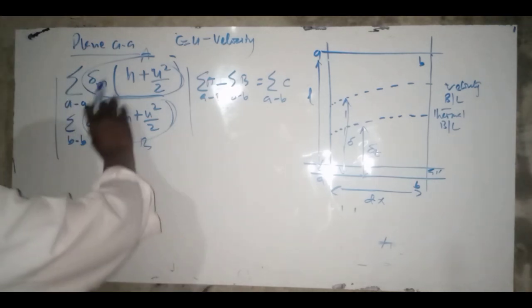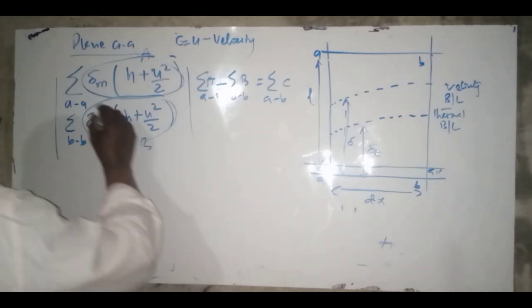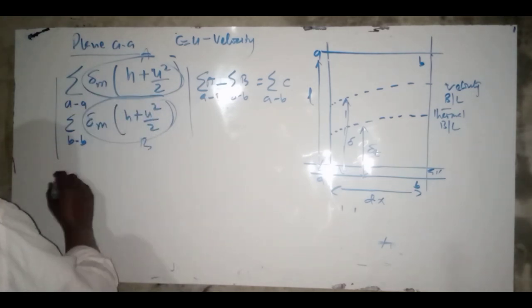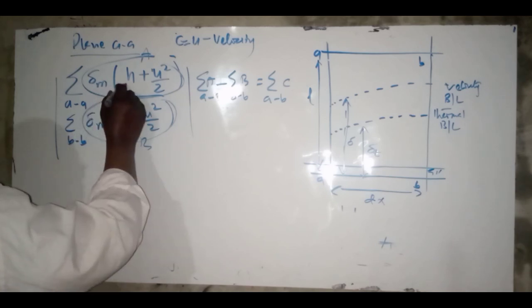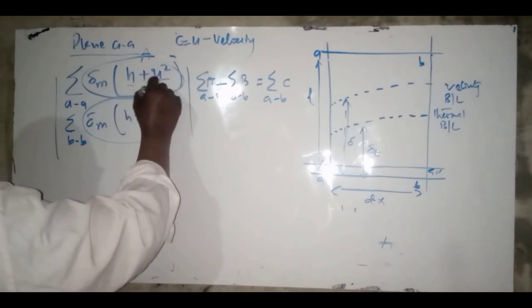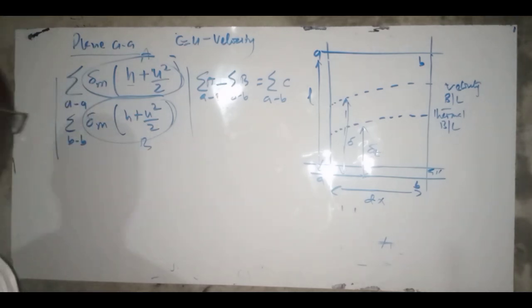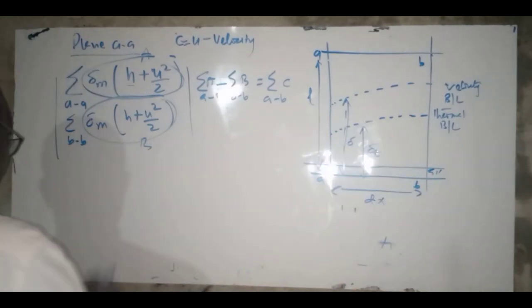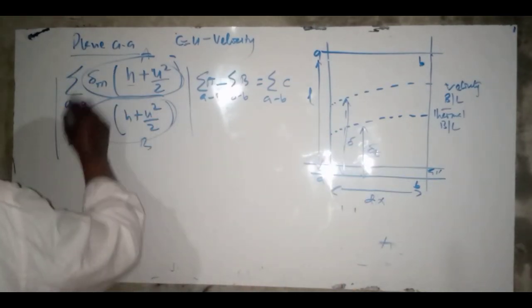Now, let's work with these particular quantities. So we have for plane AA dH and du squared over 2. When we now integrate them, this is just a summation. When we integrate, it's over large intervals, so that's the total sum over the intervals.